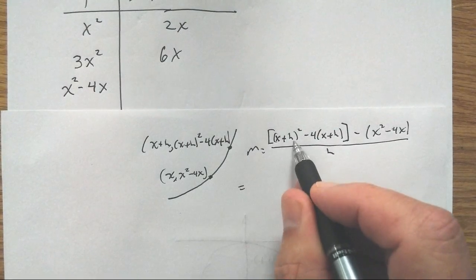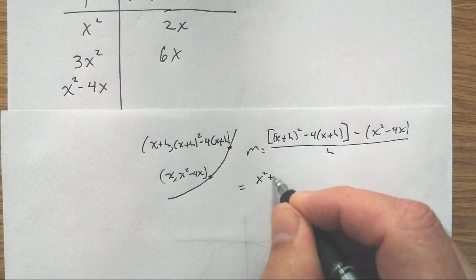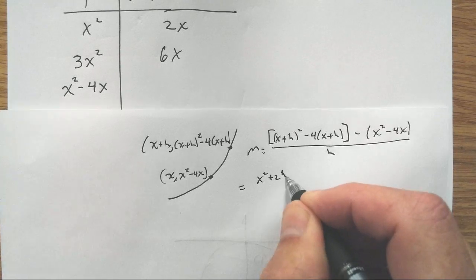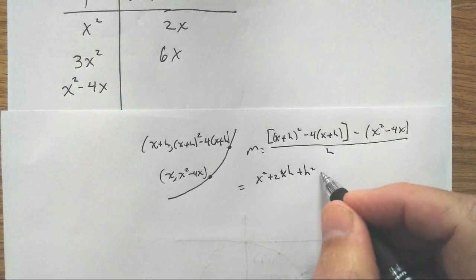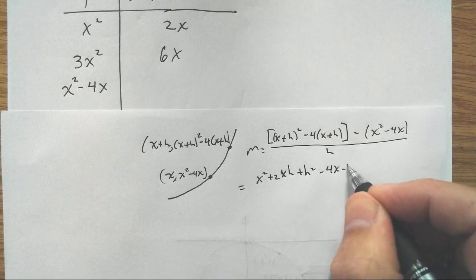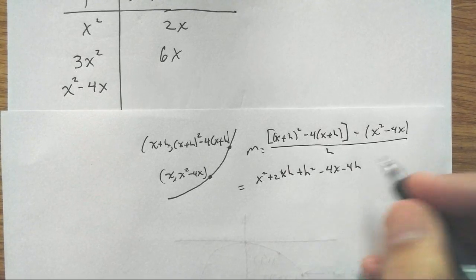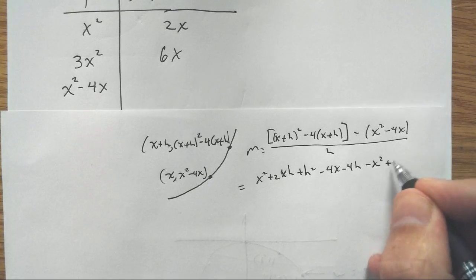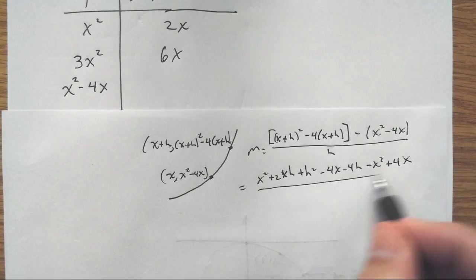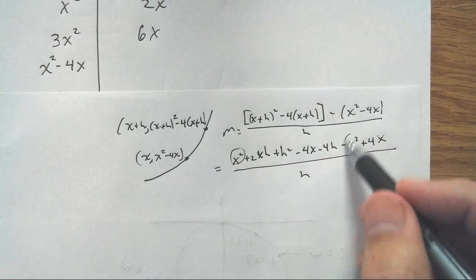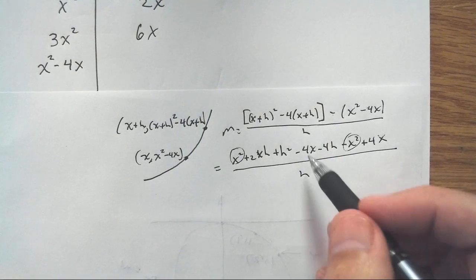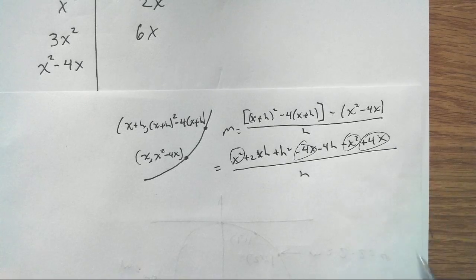Let's see. x plus h squared: x squared plus 2xh plus h squared, distribute negative 4, minus 4x, minus 4h. Distribute the negative, minus x squared plus 4x, all on h. Anything good happen? x squared's gone. 4x is gone.